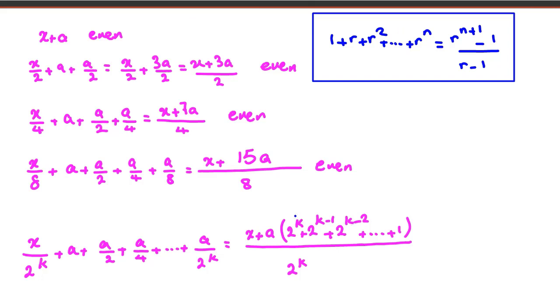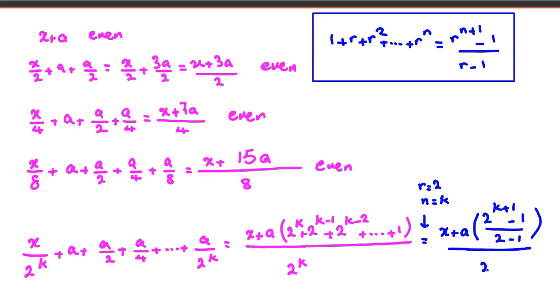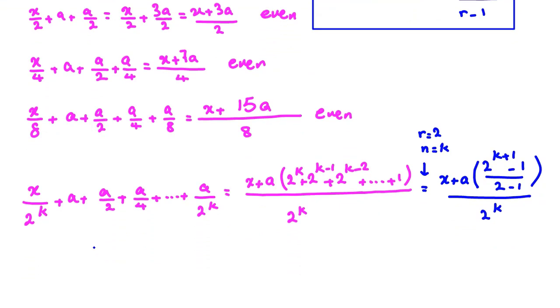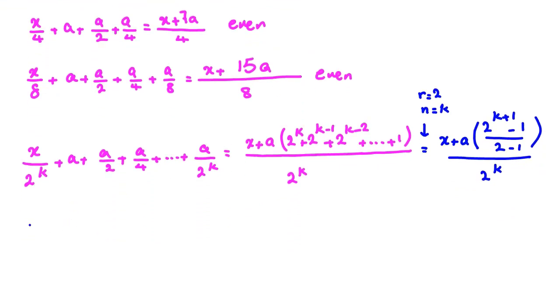So if you apply it here, r is 2 for this identity and n is k. So it will be X plus A times 2 to the k plus 1 minus 1 over 2 minus 1, all over 2 to the k. This number should be even, like previous times. And look, we don't write these things on our answer sheet.